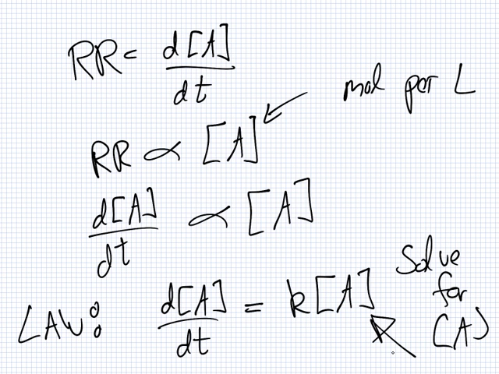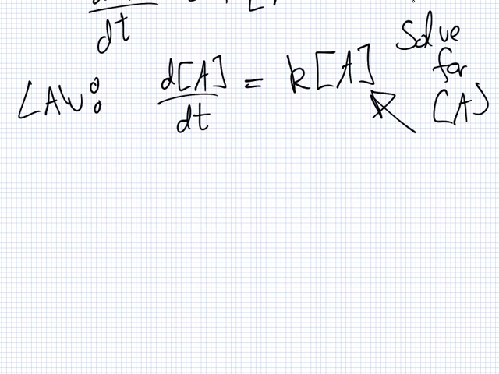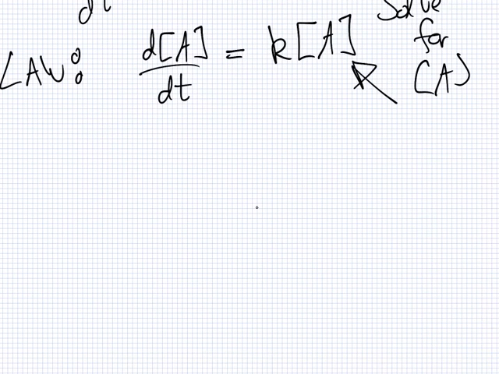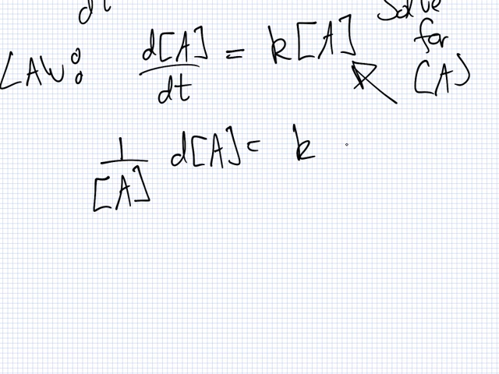This would not be good enough for the exam. A equals e to the power t over k plus c. Let's do it now. Right, guys, look up. So we have 1 over the concentration of A, dA, equals k dt, because I can swap this and this.